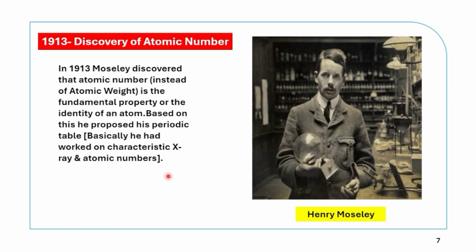But atomic weight is not the sole identity or inner property of an element. Actually, the atomic number is the main property of an atom. So that's why Moseley first discovered that atomic number is the fundamental property of an atom.